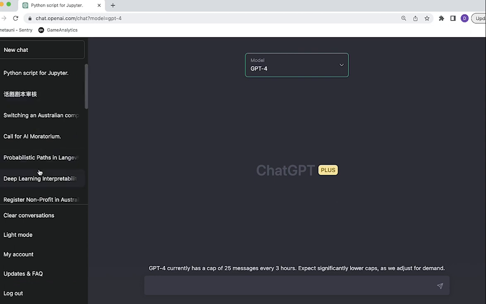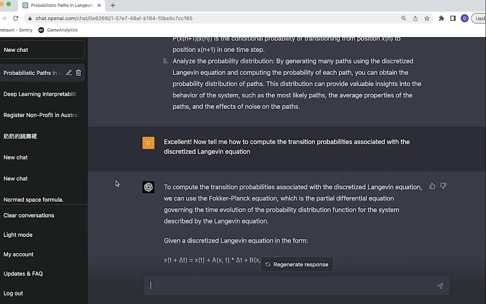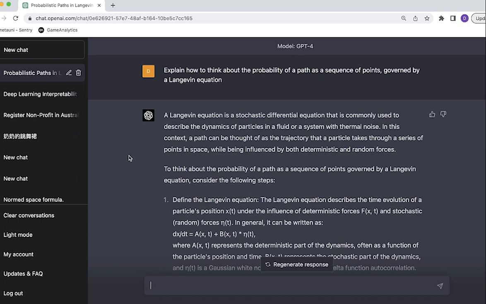You can see that my wife is using it for script writing in Chinese. This chat was from a meeting with one of my graduate students, Zhongtian, yesterday. We were talking about Bayesian posteriors in statistical learning theory, and I wanted to think about extending the idea of a posterior to paths.